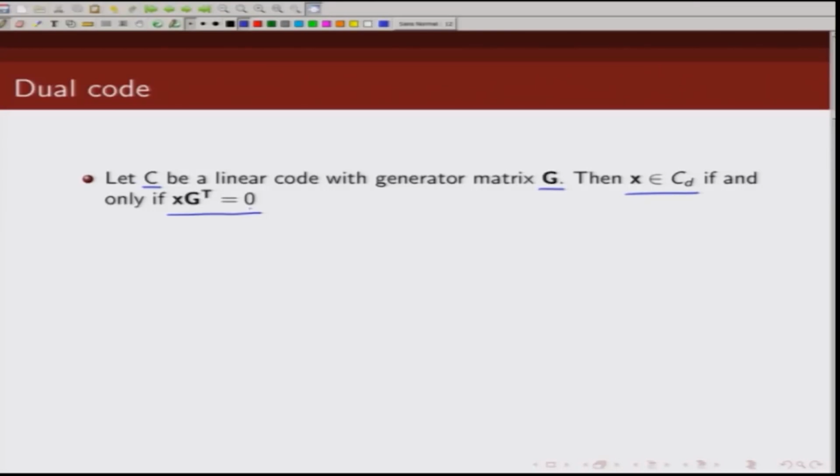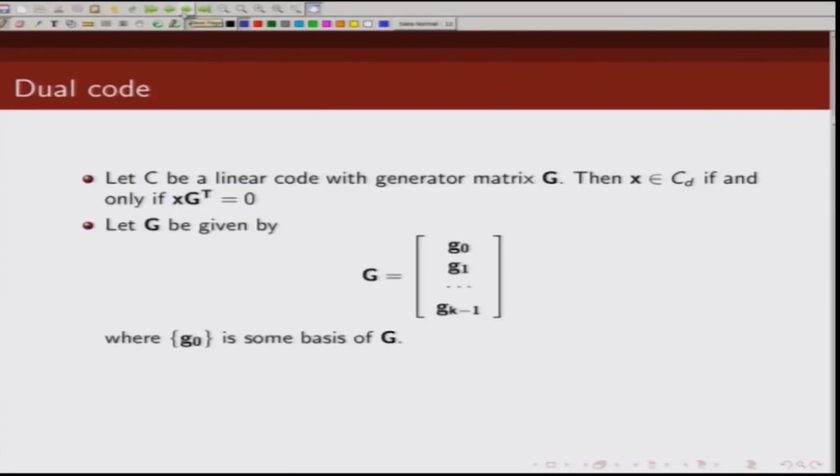That is what we mean by if and only if. So, if X belongs to the dual code, then X G transpose should be 0, and if X G transpose is 0, X should belong to the dual code. So, we are going to prove that if X belongs to the dual code, then this relation holds, and further we will show that if this condition holds, then X will belong to the dual code.